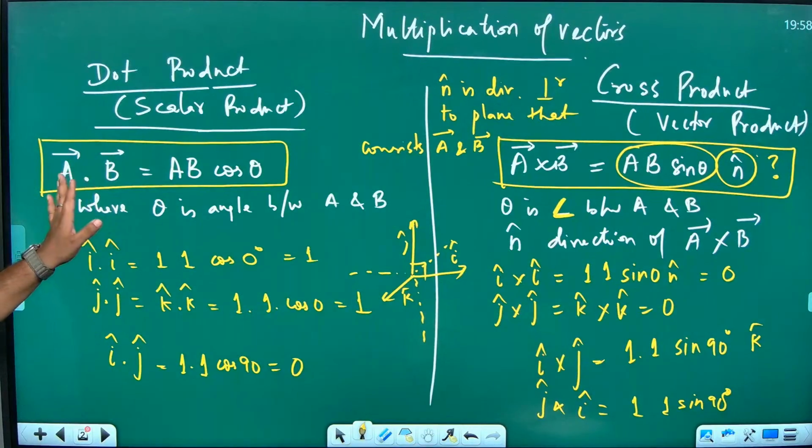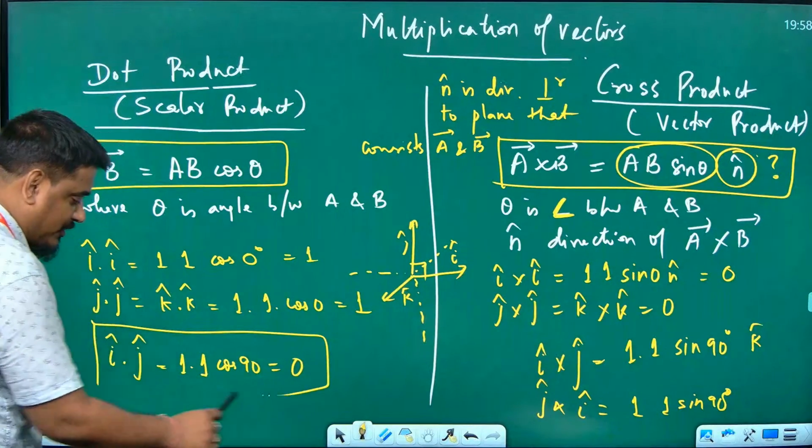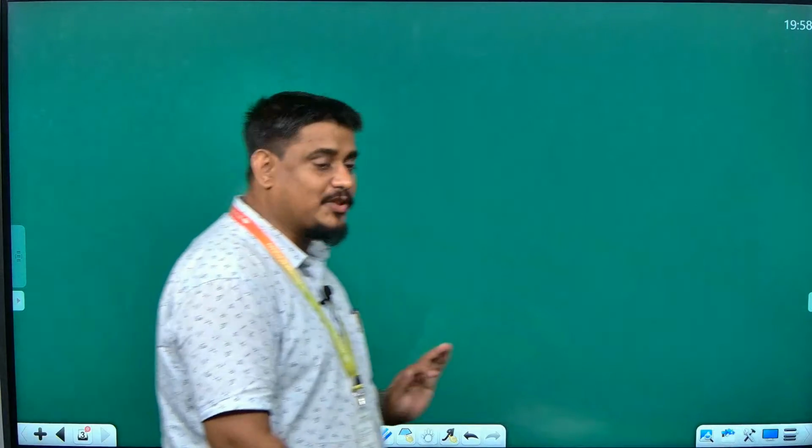So I hope by now you know that if you have A vector dot B vector, what you are doing is, like i dot j, magnitude of i into magnitude of j into cos of the angle between them, that gives you the dot product. The confusing part now, I think, is the cross product.